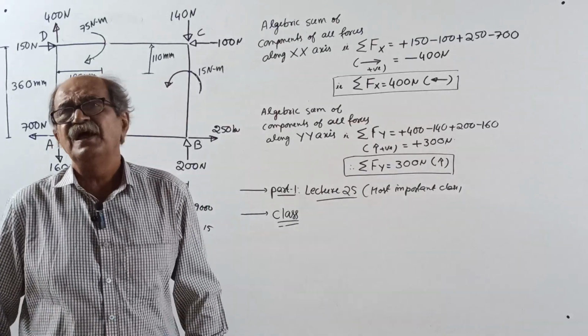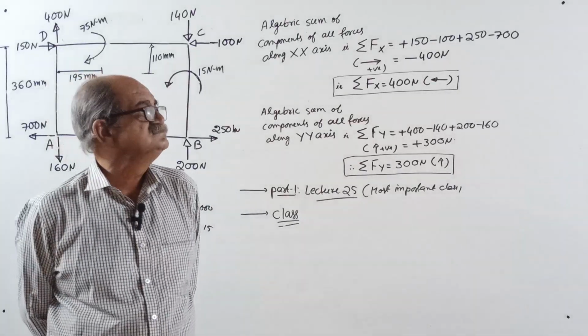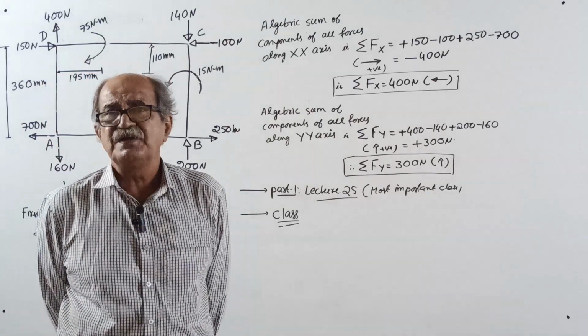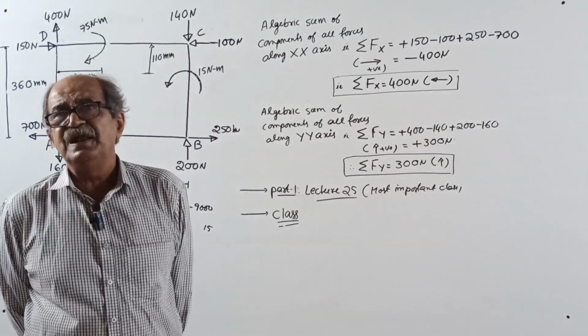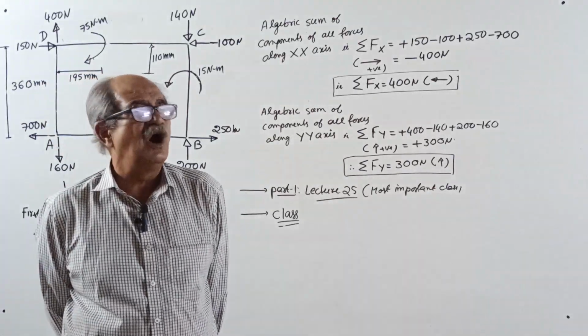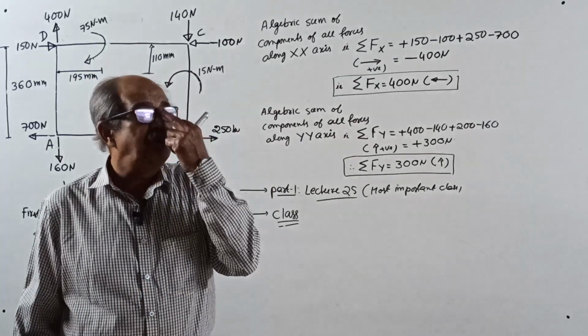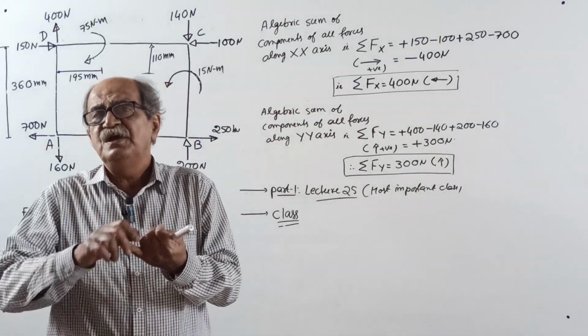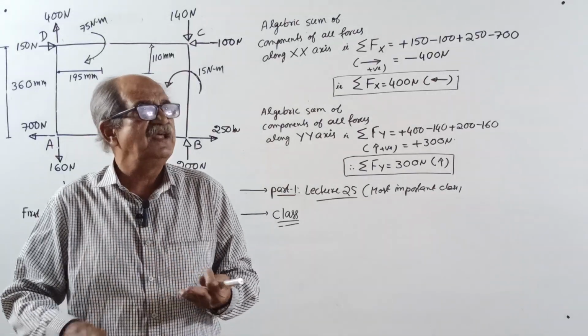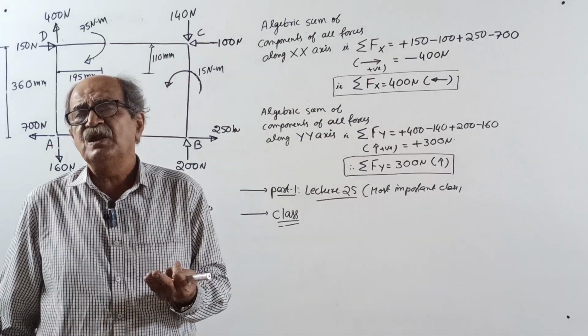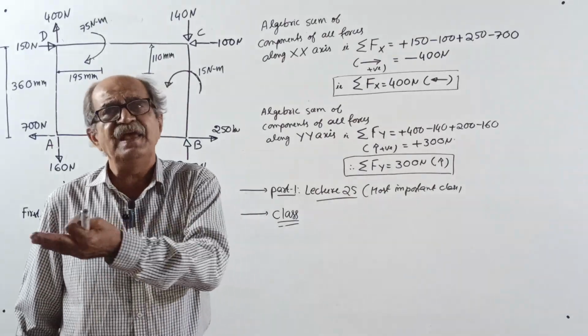I already told earlier the meaning of general. Completely means magnitude, direction and line of action. Why we are not bothered about line of action for concurrent forces, I explained for you.